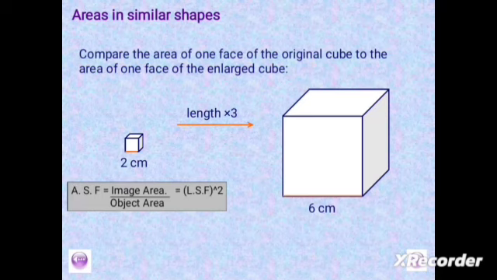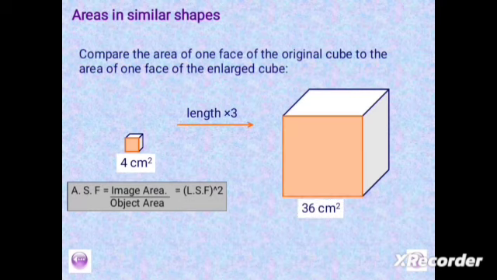Crossing over to area scale factor, we can compare the area of one face of the original cube to the area of one face of the enlarged cube. With the diagram below, we have a smaller cube of sides 2 centimeters. Therefore, we can find the area of that face, which will be 4 square centimeters. Because we have the length of the bigger cube, we can as well find the area, which will be 36 square centimeters.